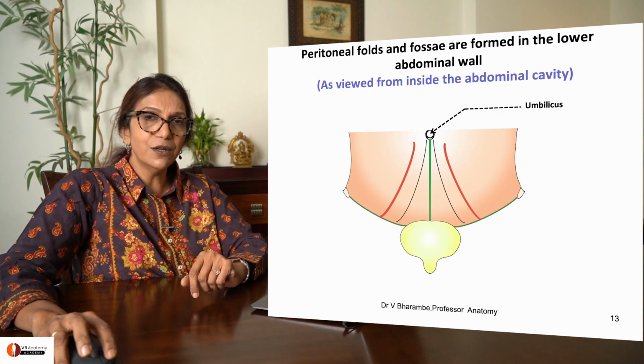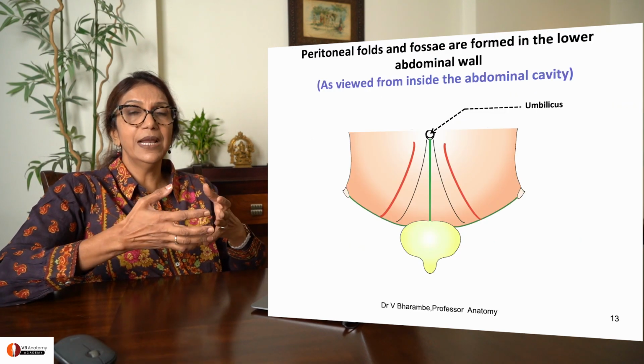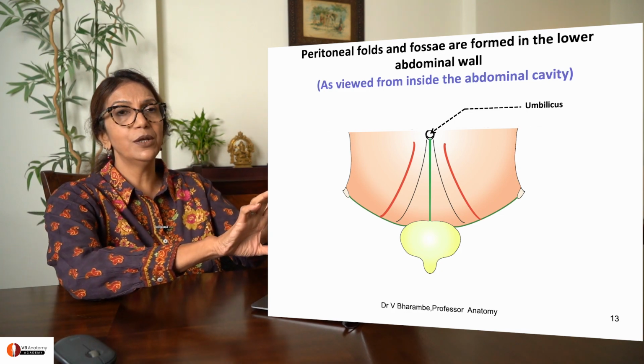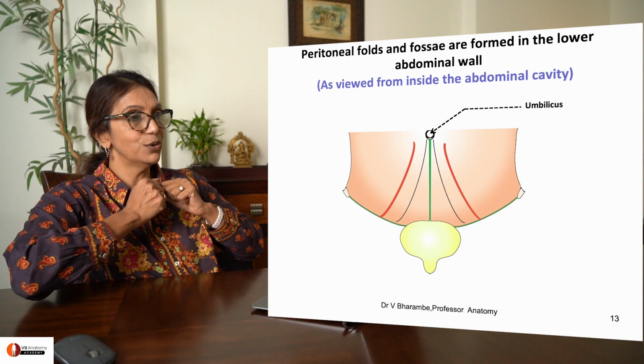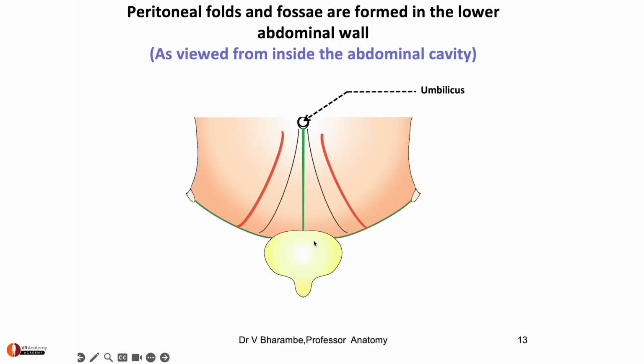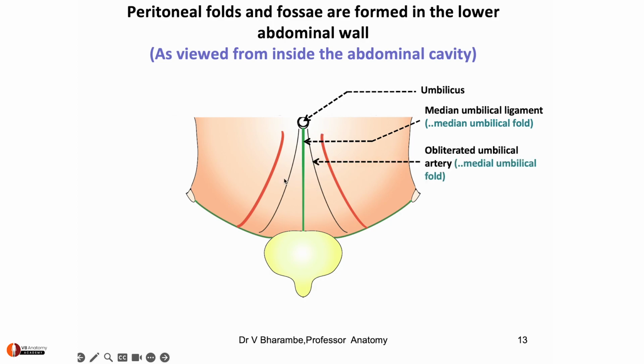Having understood this, let's enter into the abdominal cavity and look at the abdominal wall from inside. Imagine that you are sitting inside the abdominal cavity. This is the urinary bladder. This, therefore, is the median umbilical ligament extending to the umbilicus. Lateral to these, both, are obliterated umbilical arteries, and further lateral, these two are the inferior epigastric arteries.